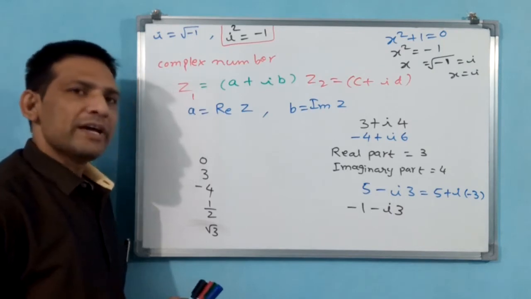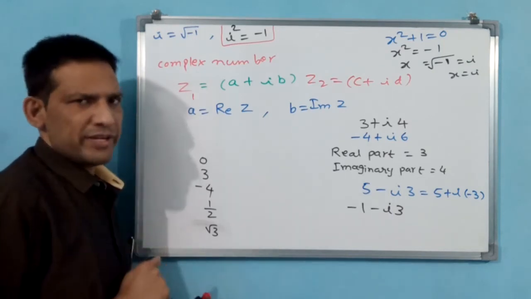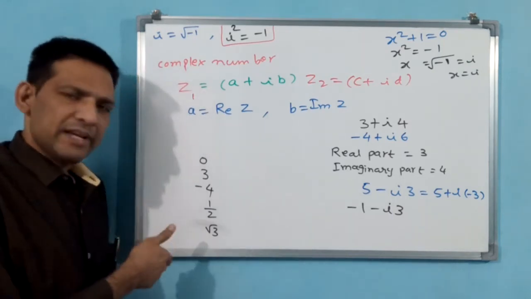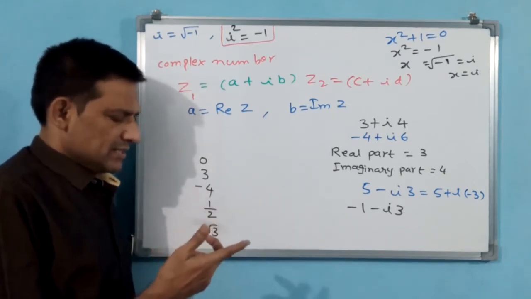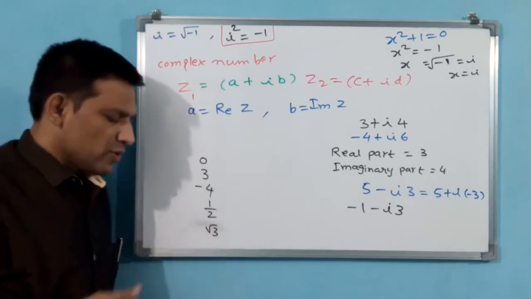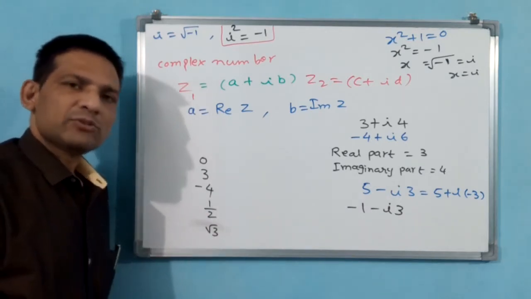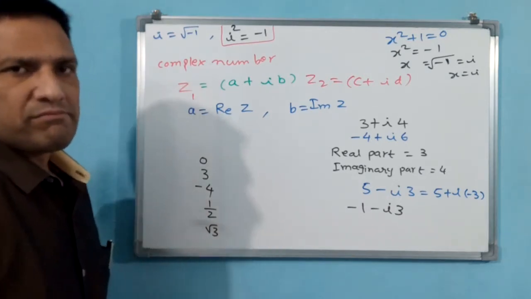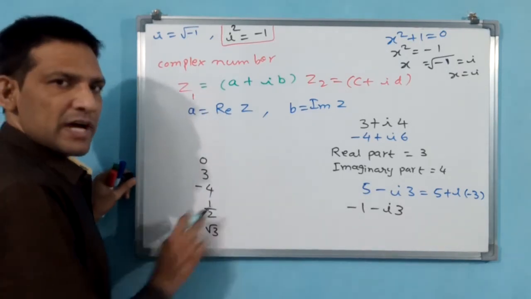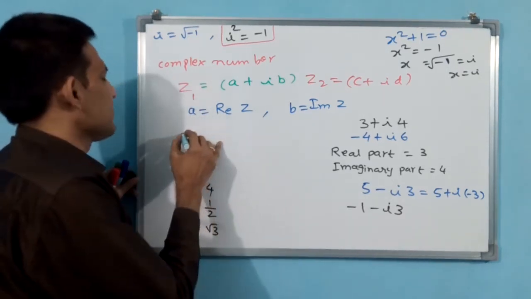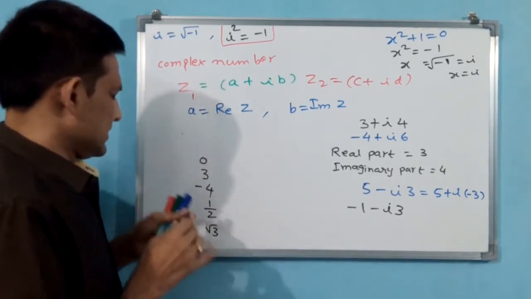If you simply write i, what will it be? That is only an imaginary part. Now this is a real number, only real part. And you may ask, can we show real numbers also in complex number form? Yeah, we can show. See, these are real numbers only. I am showing these real numbers as complex numbers. You see how I am showing. I am writing here.